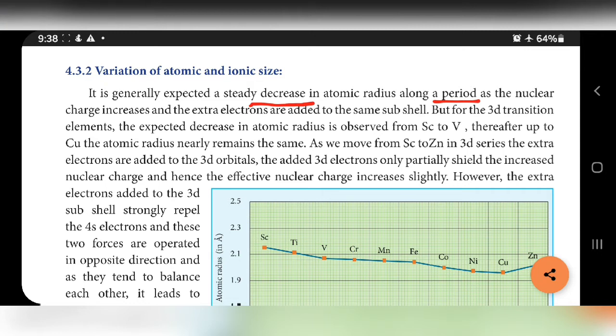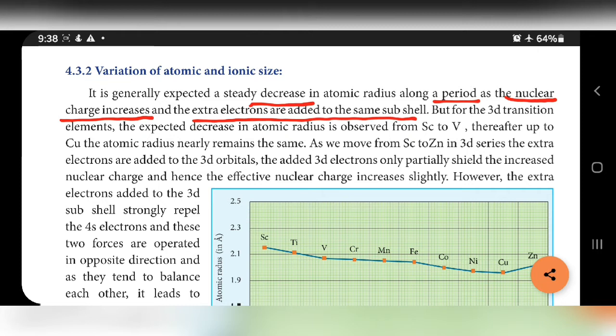Why? Because nuclear charge increases, so extra electrons are added to the same subshell. You learned this point in 11th standard, in the periodic classification lesson itself.